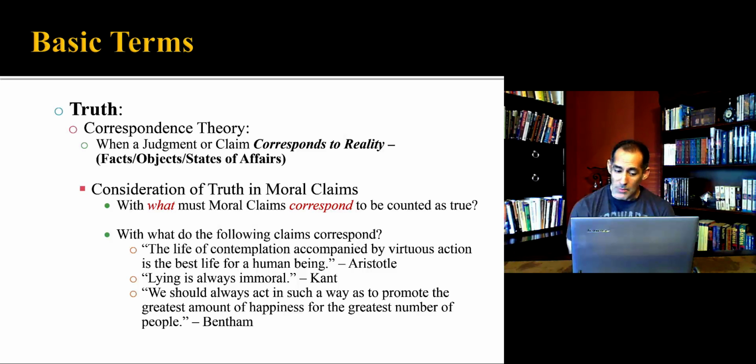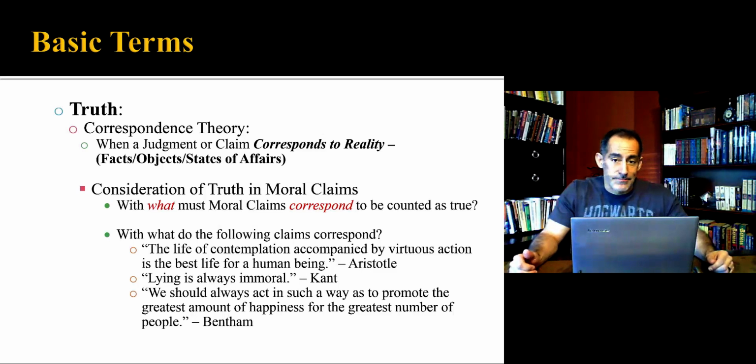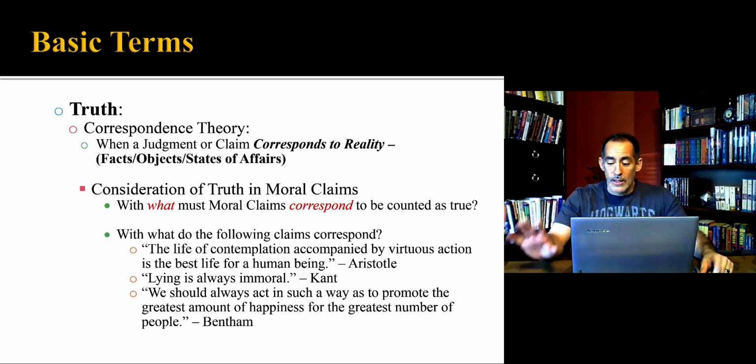Now, here's a problem. With what must the moral claim correspond in order for it to be counted as true? Can it correspond with a fact? We'll look in the next session at what's called the fact-value distinction, or the is-ought problem.